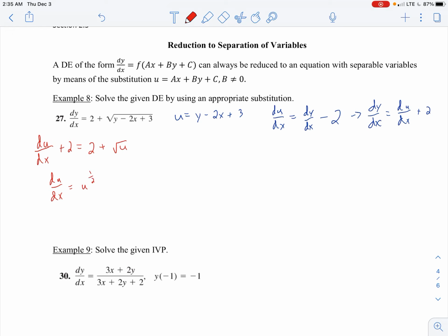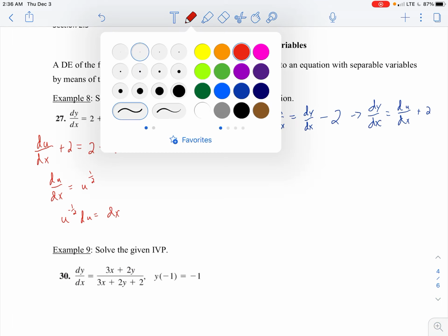Now we can solve this differential equation by separation of variables, and that's what we're trying to do. We're trying to make this a separation of variables differential equation so that we can get our variables on the same side. So I'm going to move the u over to the left and get u to the negative 1/2 du. On the right hand side, it's just going to be dx.